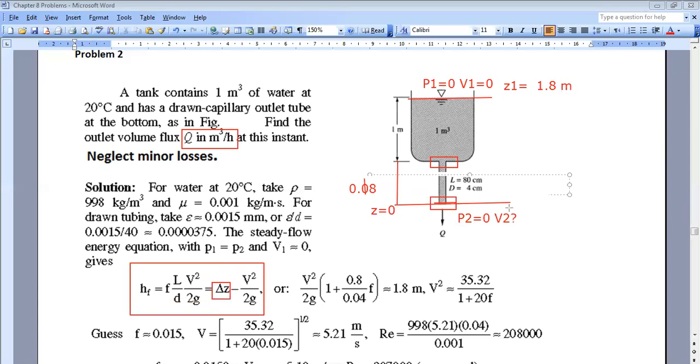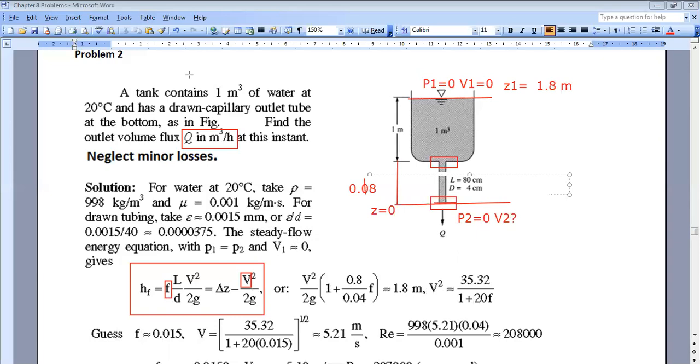V2 is unknown, so I found a relation between friction factor and V2. Delta Z is known, so the only unknowns here are f and V. So by writing the energy equation, I got a relation between f and V, but both are unknown.